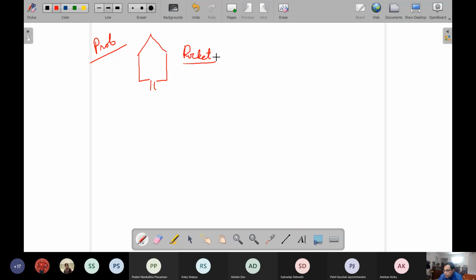In a very junior high school class, if it is asked how does a rocket move, the standard answer expected is by Newton's third law, and a bit more elaboration in a little higher class is that the rocket has some fuel inside.